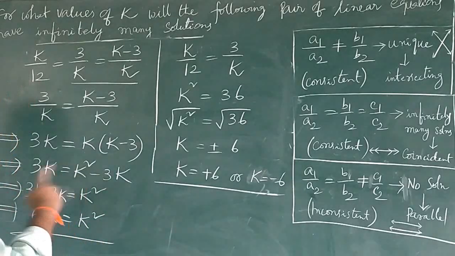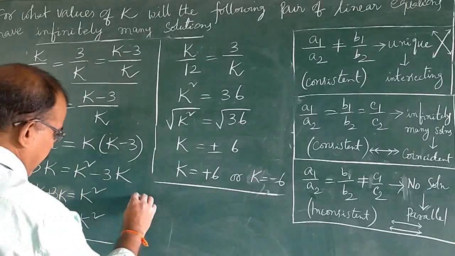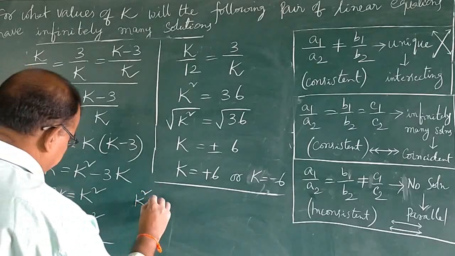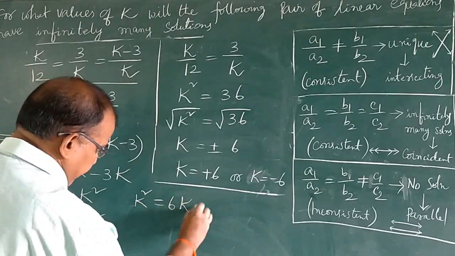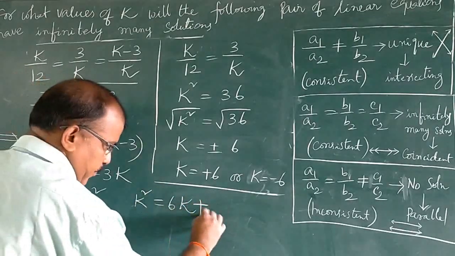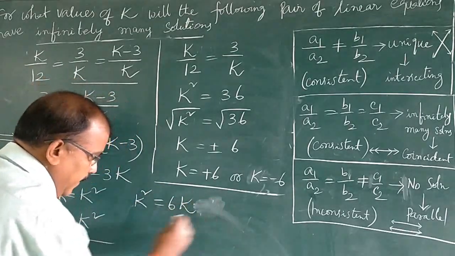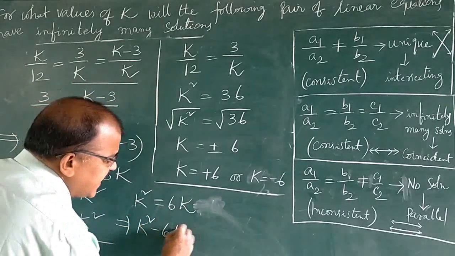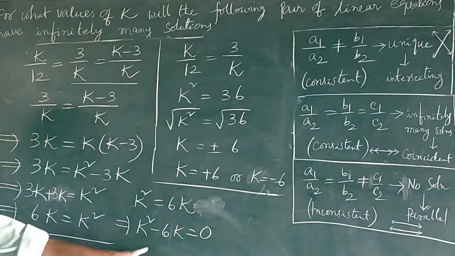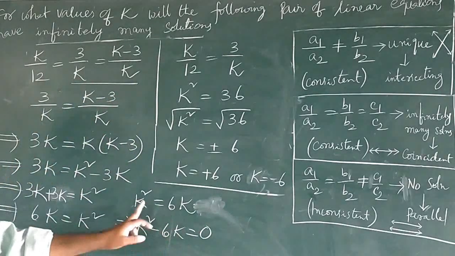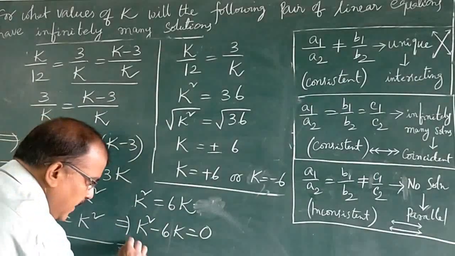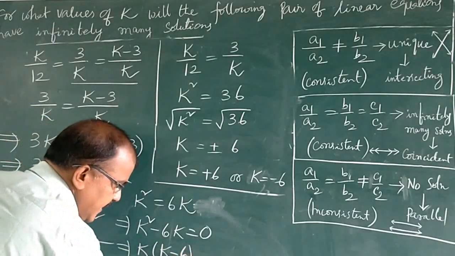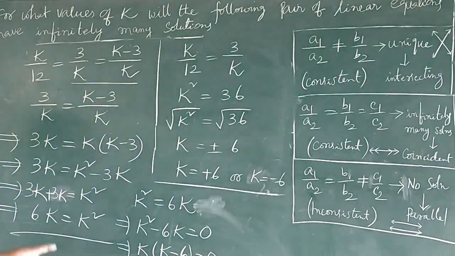We can write k square is equal to 6k plus 0 if you want to write 0, otherwise not required. So k square minus 6k is equal to 0. Now k of k minus 6 is equal to 0. Understand?